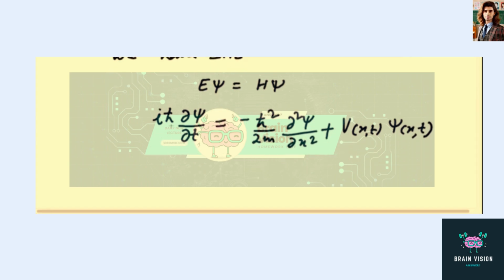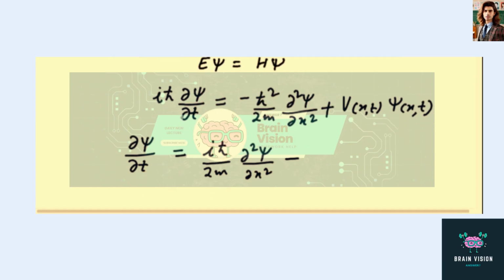From here we can calculate the value of del psi by del t. Del psi by del t is equal to i h bar by 2m del 2 psi by del x squared plus, multiplying by i on the numerator and denominator, minus i by h bar V(x,t) psi(x,t).